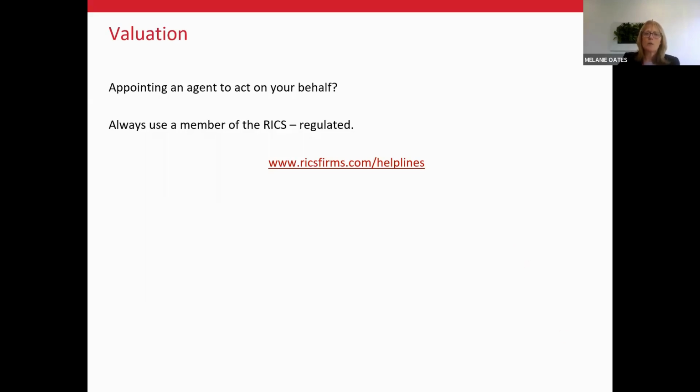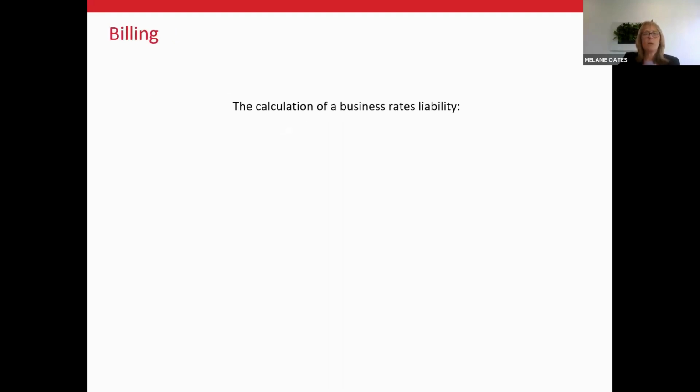Moving on now to billing. Just to recap, the calculation of your business rates liability is rateable value, which is what we've looked at and the potential you have there to influence that, and then multiplied by the multiplier. The multipliers are set down in legislation, so they are what they are, but there are two different multipliers, so you just need to ensure that when you get your rates bill, the correct multiplier has been used to calculate your bill.